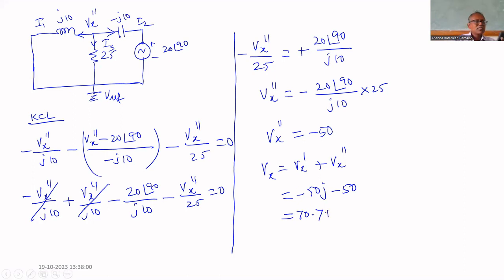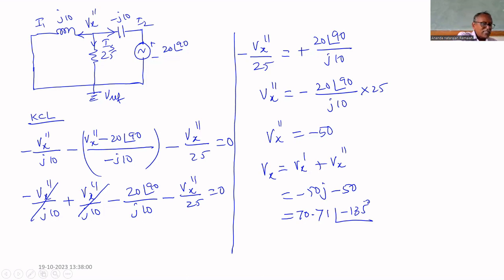Always we will use 2 decimal places. Shift equal to, you will get minus 135. The angle is minus 135 degrees. The voltage has a phase shift of minus 135.